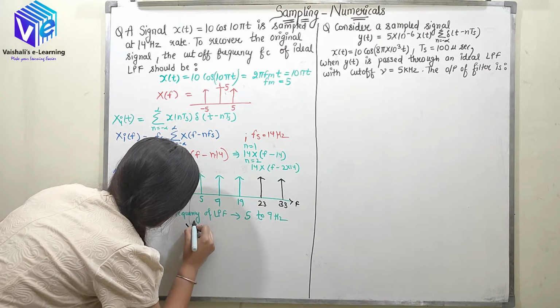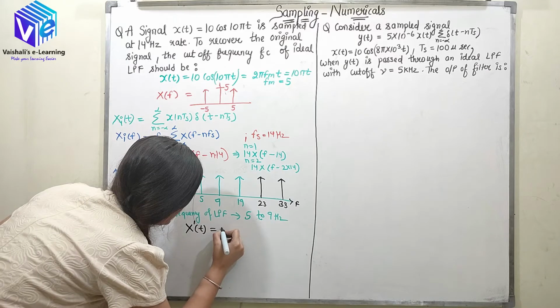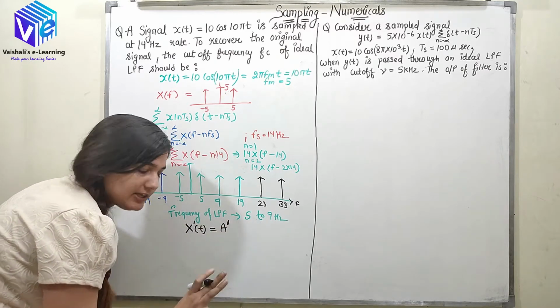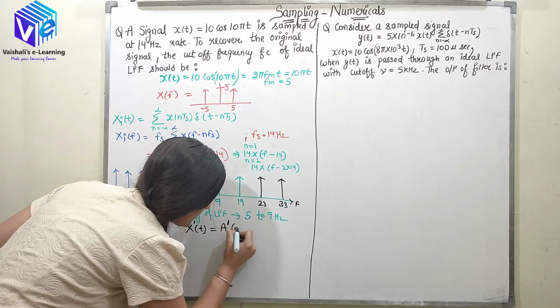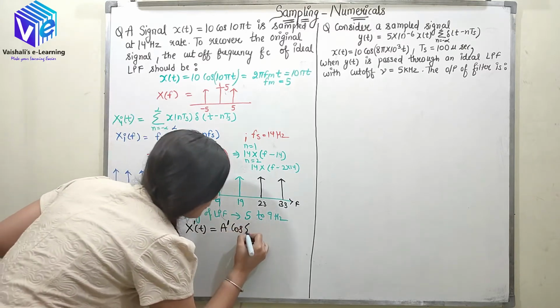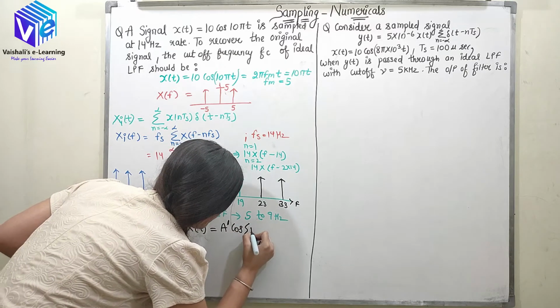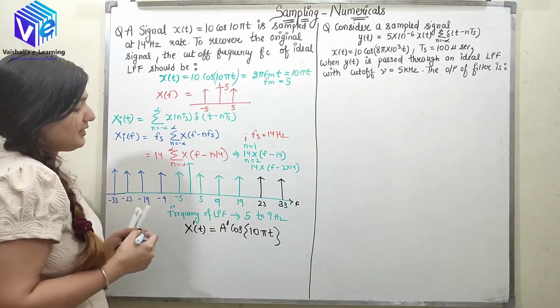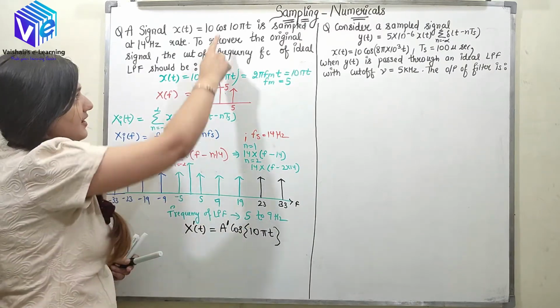So at that time x dash of t would be equal to, here I am having an amplitude, so it would be a dash cos of, here I have 5 and 5, so now it would be cos of 10 pi t. So now this signal resembles this signal.